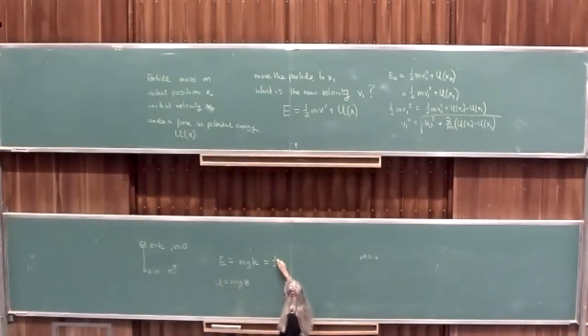So this is going to be the velocity when it hits down here, but the potential energy mgz is 0, so there's no contribution. So I can solve for v, and the m's cancel out, and v equals the square root of 2gh, right? And that's the answer.